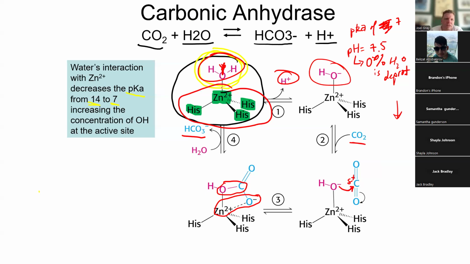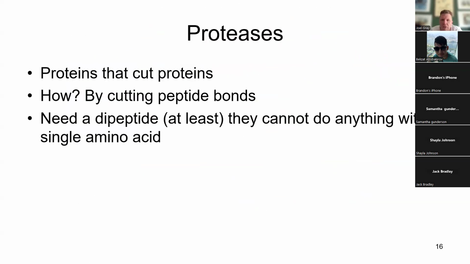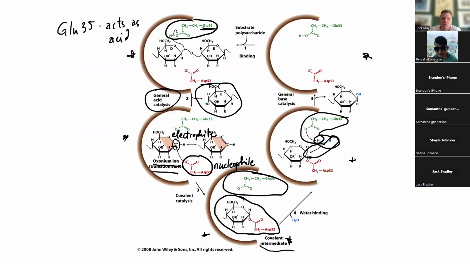Histidine is kind of our most dynamic amino acid when it comes to different types of catalysis. Does anyone have any questions about what we've covered so far, our three major types of catalysis?